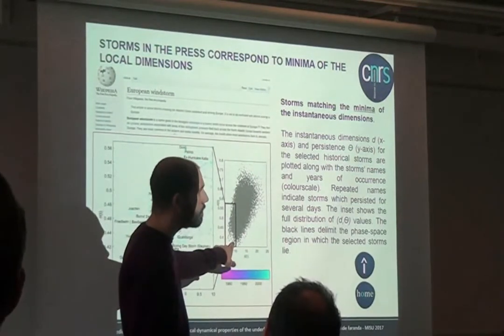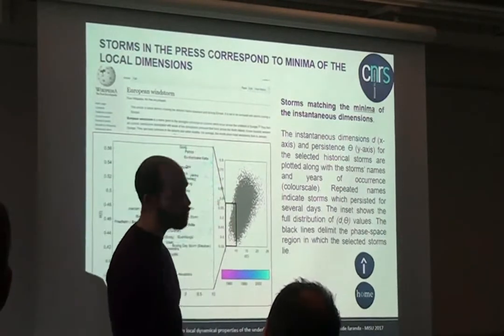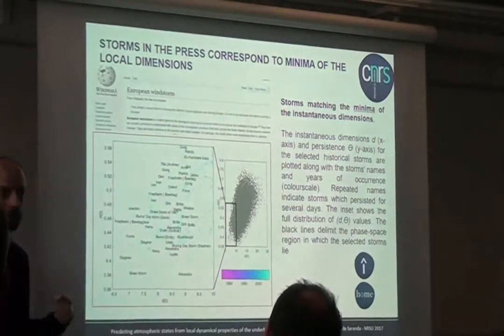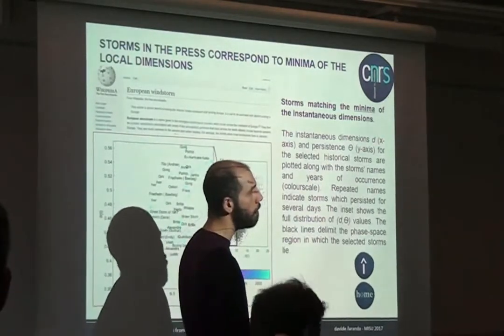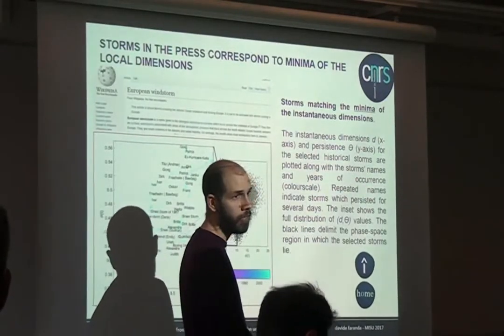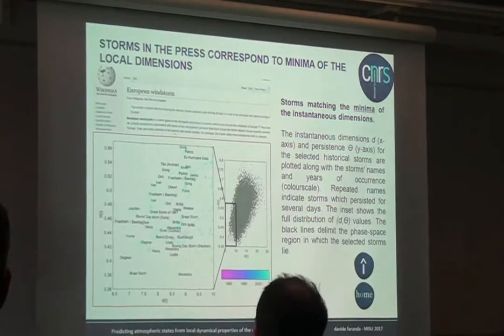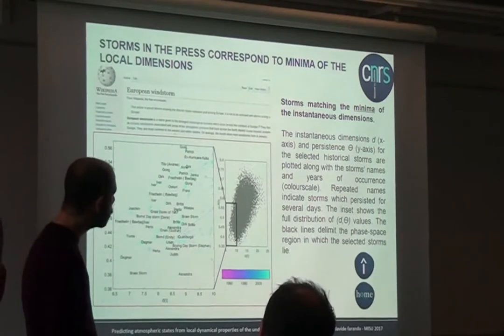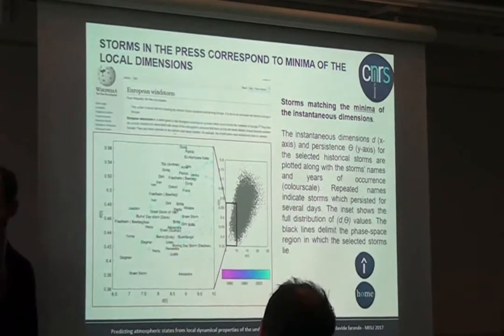So this probability is 20% versus 1%. The 20% are there, while we expect only 1% if everything were random. So we find that they are related to the minimum of the dimension.